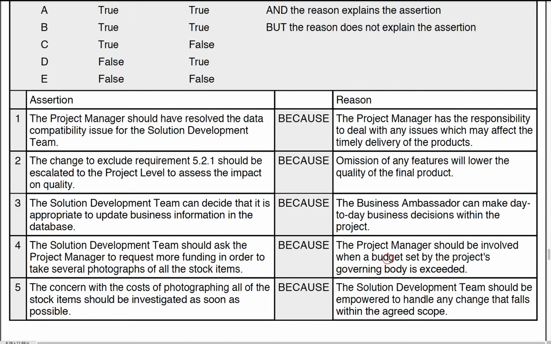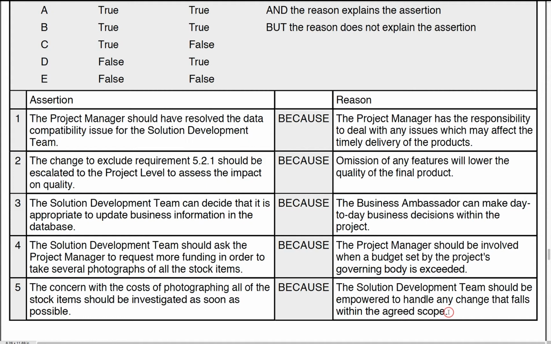Anyway, whatever the situation, the PM should be involved when the project's budget is going to be exceeded. Reason 5: the solution development team should be empowered to handle any change that falls within the agreed scope. Well, that's what we're empowering them to do. Usually anything that happens to shoulds and coulds, that's what they're empowered to handle. So yes, they are true statements.